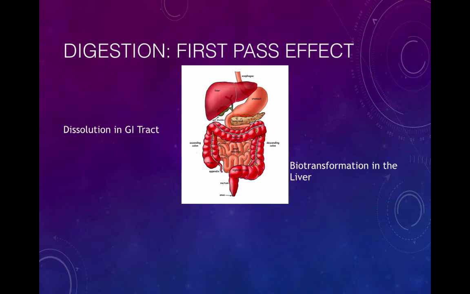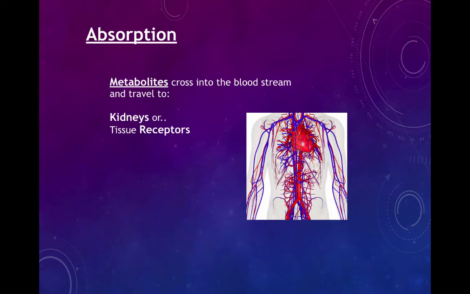This is where the drug is broken down into different metabolites, and these metabolites are what cross over to the bloodstream. So when an oral medication is given, there are a few steps, which we call the first pass effect, that reduce the drug down into different metabolites. Some of them travel to the kidney to be excreted or eliminated, and some make it to the tissue, to the receptor, where the treatment for the condition begins. So the drug or its metabolite will work at different sites.